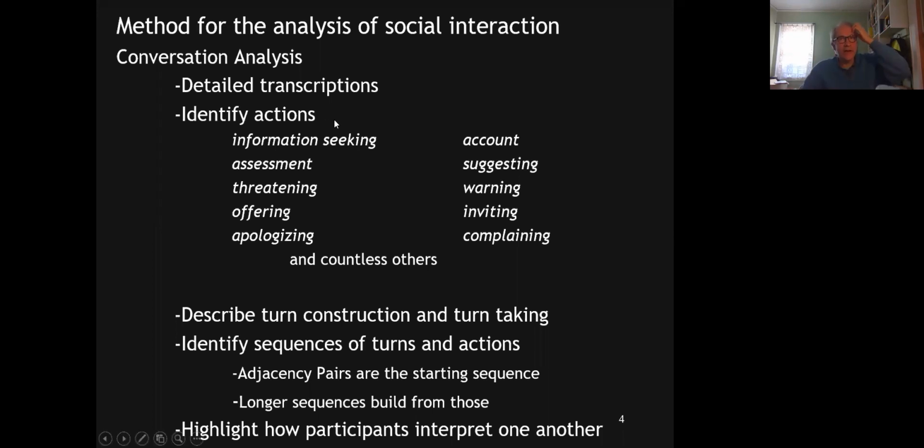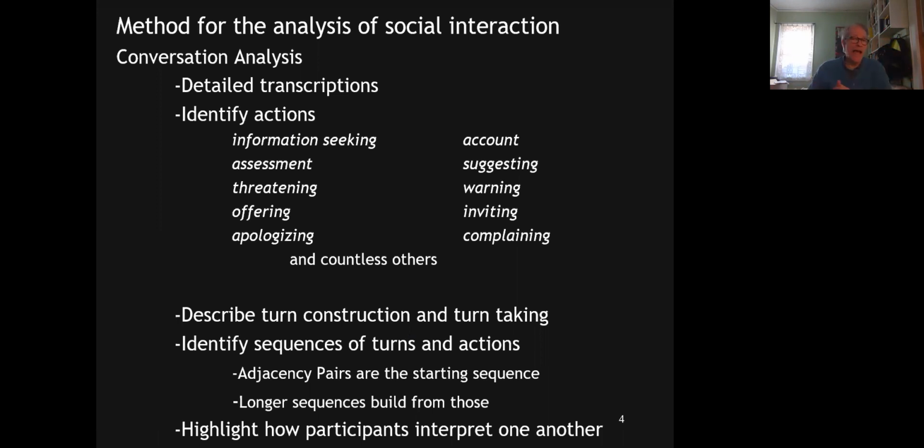So you have these detailed transcriptions, and just like we did with speech acts, no, not just like, but you start by identifying actions that are happening. And speech act theory had these 5 types, but we can break these down into much more detail, and we can use our own members' intuition because we're members of the language culture.